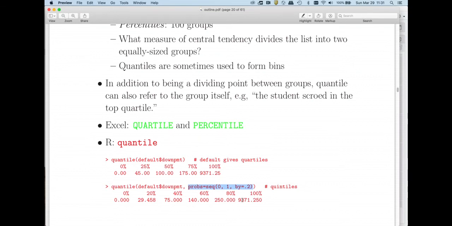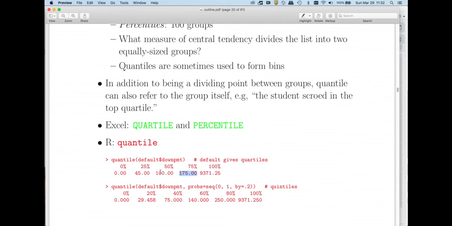Okay, so what we could say is that 3/4 of the people, this happens to be from my defaulting customer example, 3/4 of the people put a down payment of $175 or less down.